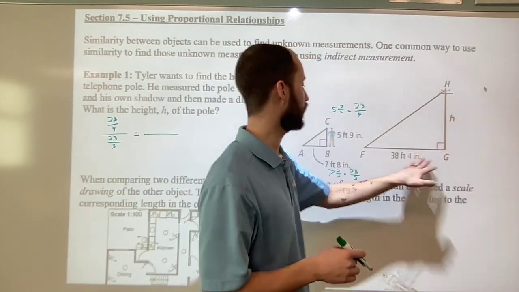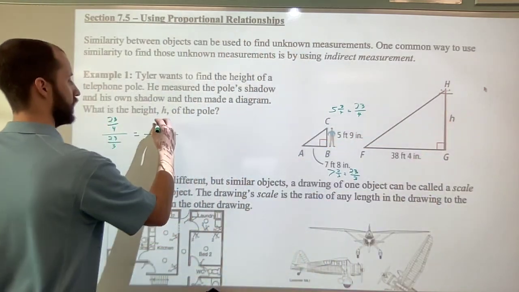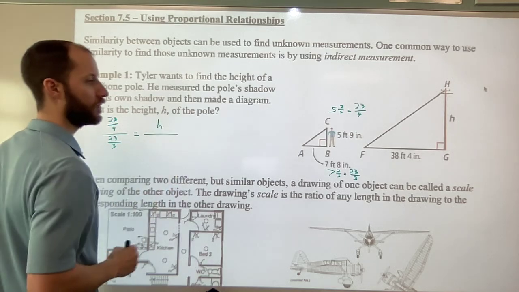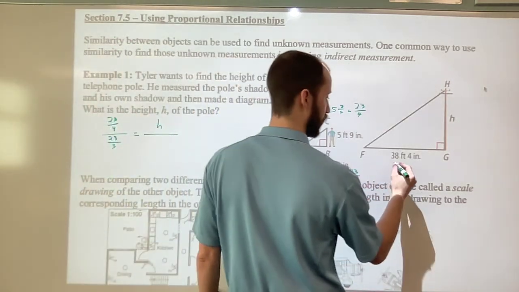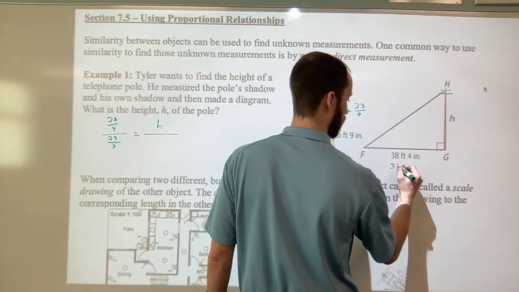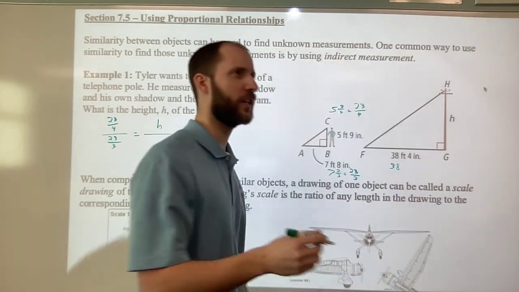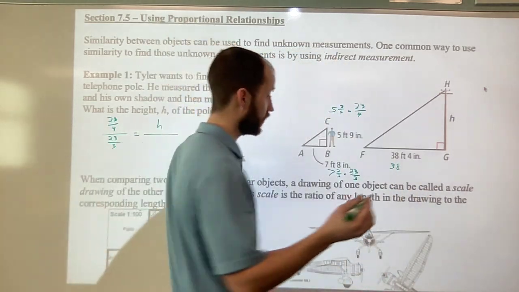So height over shadow. So h over, I never converted this, so 38 and 4 inches, 4 over 12 is 1/3.